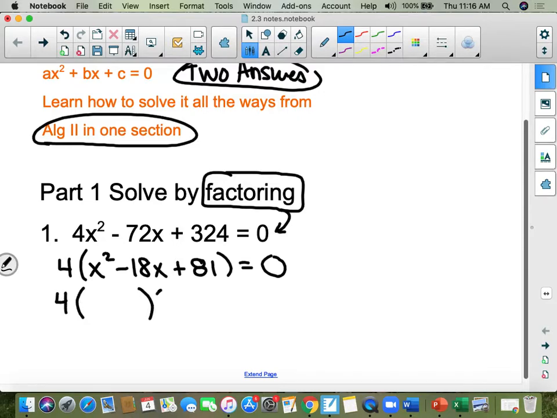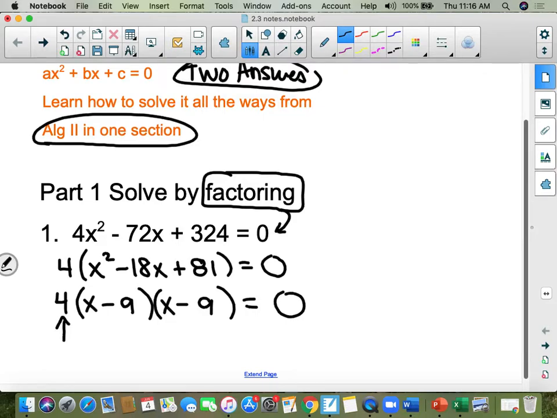2 sets of parentheses. I know an x goes here and an x goes here. I need to figure out factors of 81 that will give you a negative 18 in the middle. A negative 9 and a negative 9 are your 2 answers. I'm trying to solve for x, and I know that there's 2 answers.